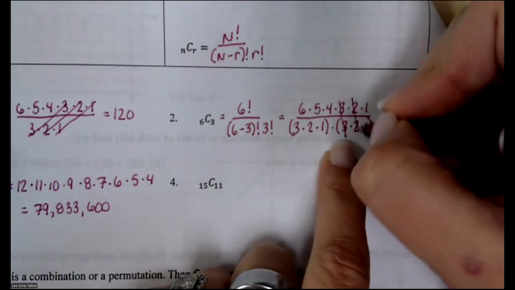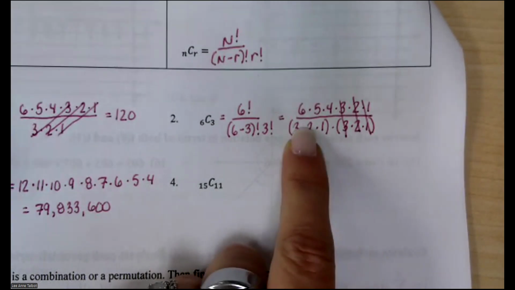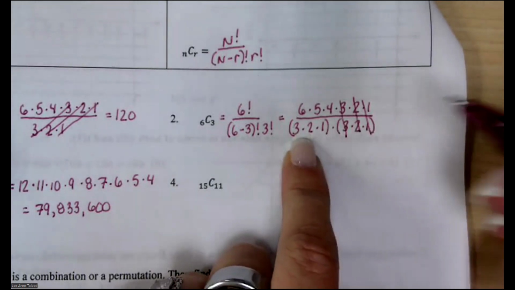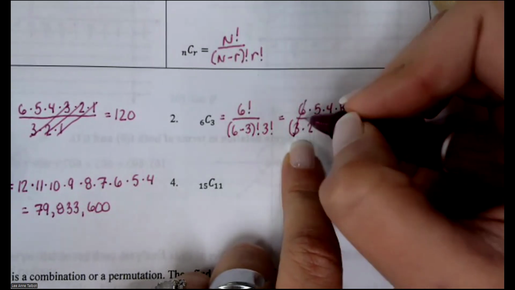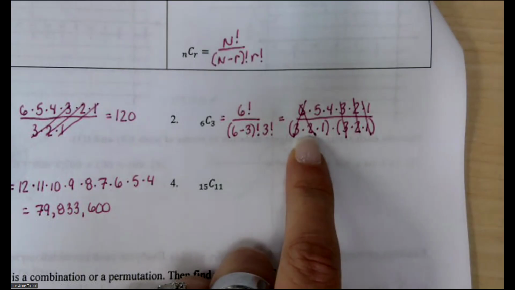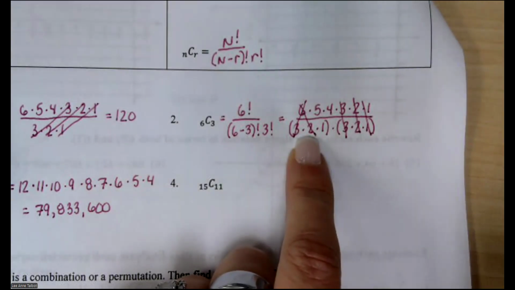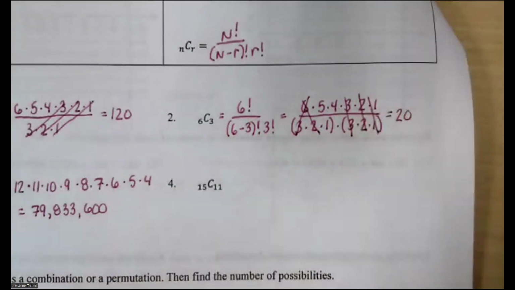Do you guys see the 3s and 2s and 1s cancel? You guys got that? Okay, now you could just go straight to the calculator, but I'm too lazy because I see that 3 times 2 is 6, so that cancels those. And all that's left is 5 times 4, which is 20.